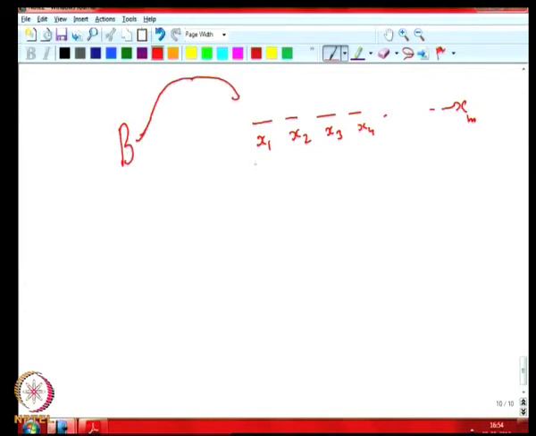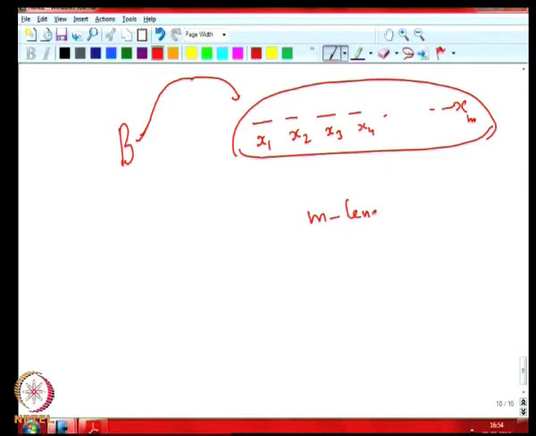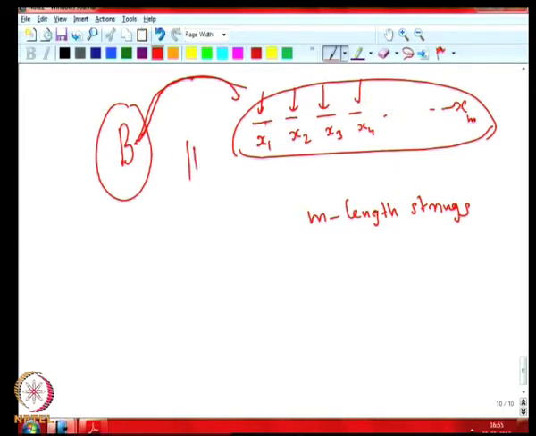We are making strings of length m, using B as the alphabet, the set of letters. We fill something here, fill something here, we do not have any constraint, so we can fill each in cardinality of B ways, that means n ways. That is why it is n to the power m.